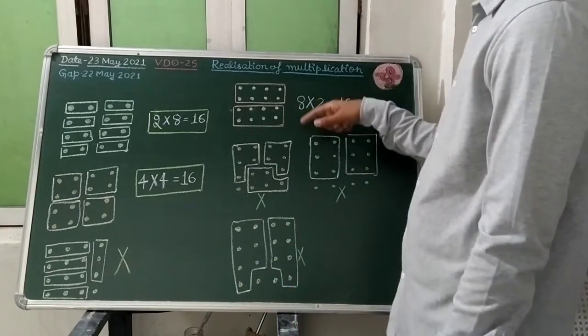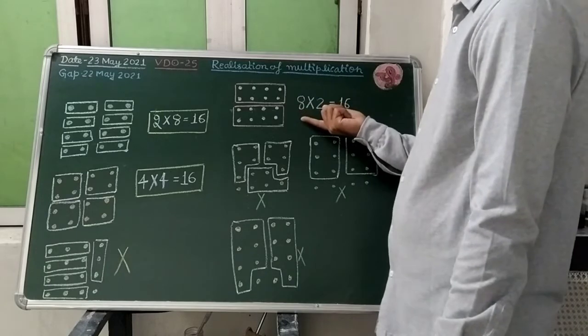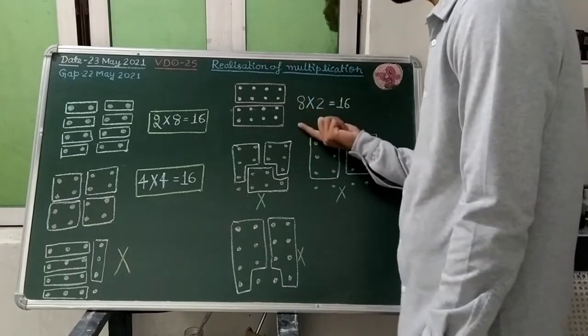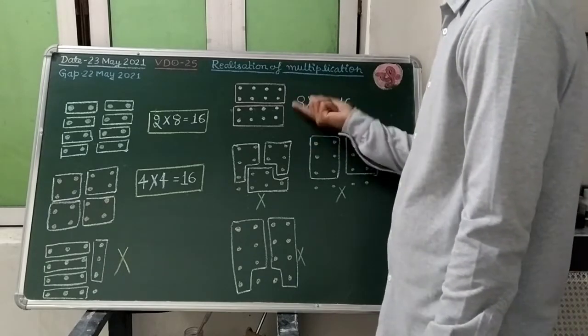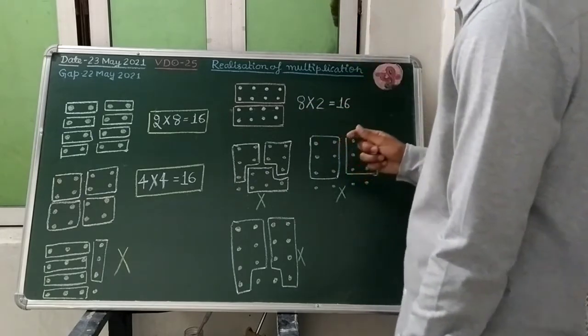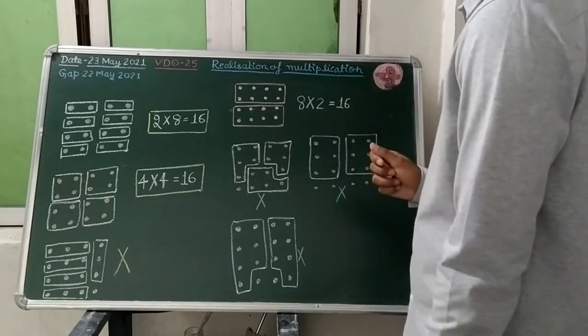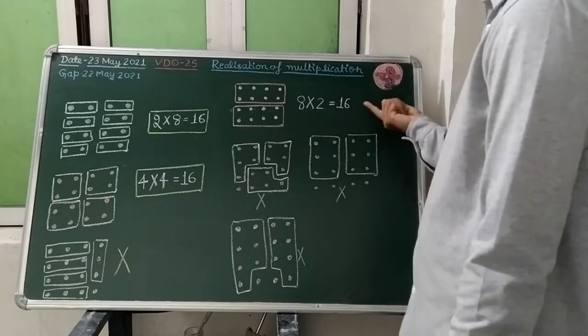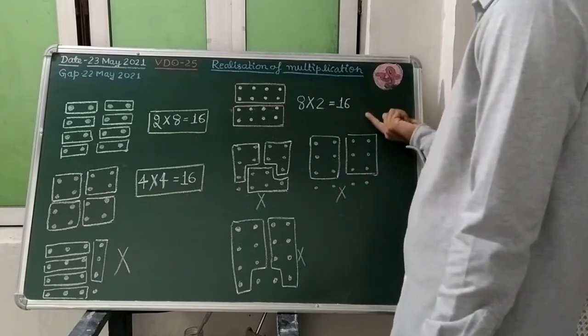Of course, when we are talking about grouping the 8 dots together, we will find that there will be 2 groups and all the dots will be grouped. So this one we can select.